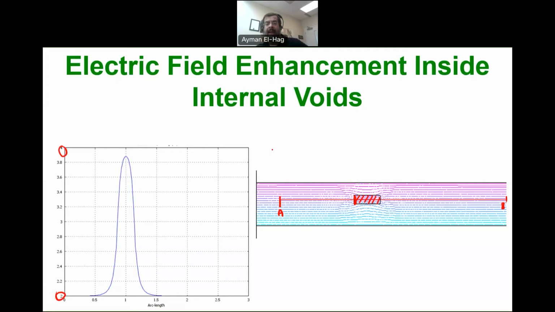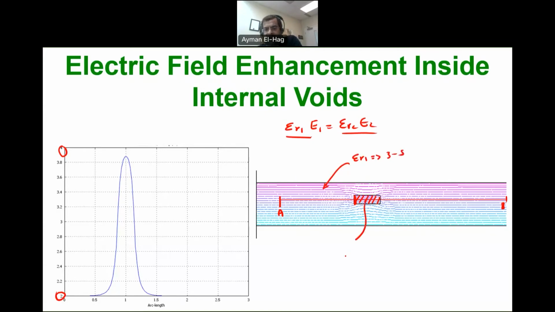Why is that? Because of the basic formula that we used before, epsilon R1 E1 equals epsilon R2 E2. This is valid when you have an interface of two different dielectric materials. If this is ceramic or silicone rubber, epsilon R1 will be from 3 to 5.